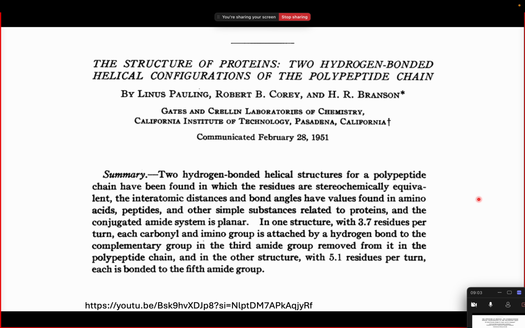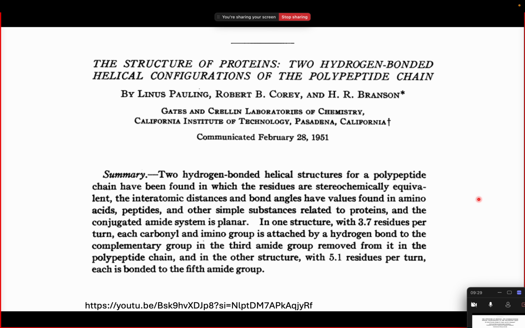Okay, so if you remember, this was the paper by Pauling, who came up with the alpha helical secondary structure, which is one of the predominant secondary structures present in proteins. In 1951, the title of the paper was The Structure of Proteins: Two Hydrogen Bonded Helical Configurations of the Polypeptide Chain.